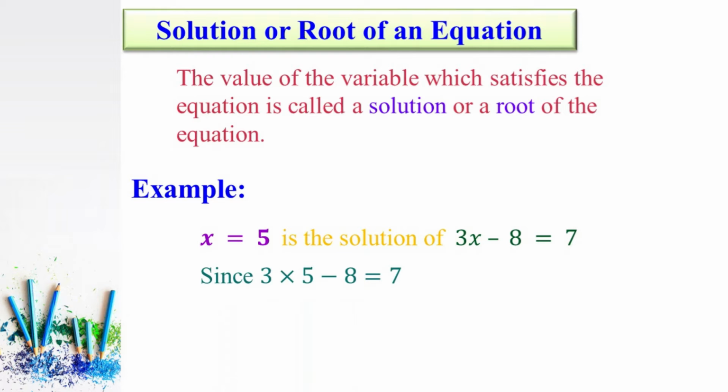Since x equal 5, 3 multiplied by 5 minus 8 equal 7. 3 fives are 15. 15 minus 8 will get a 7. 7 equals 7. Both sides are equal. So x equal to 5 is the solution of 3x minus 8 equals 7. It is correct.